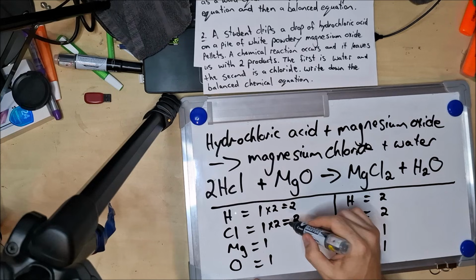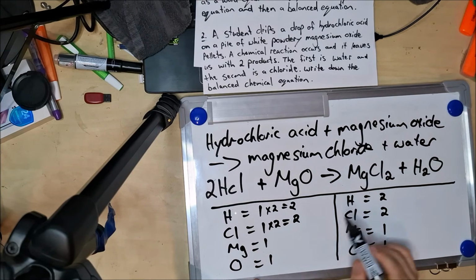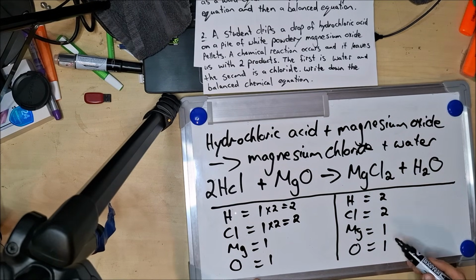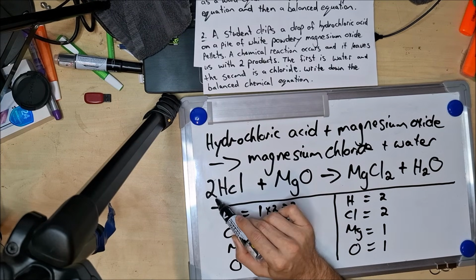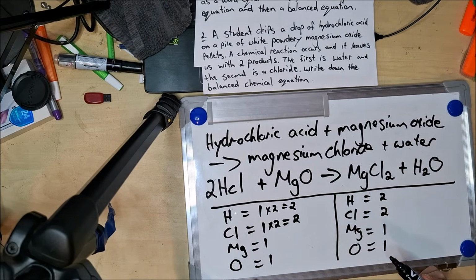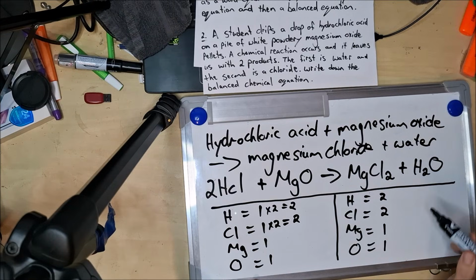So far, we're looking at it being balanced. 2 HCl. Magnesium is 1. Magnesium is 1. Oxygen is 1. Oxygen is 1. Do you guys see that we've only had to put a coefficient of 2 in front of the HCl? 2 HCl plus MgO gives me MgCl2 plus H2O.